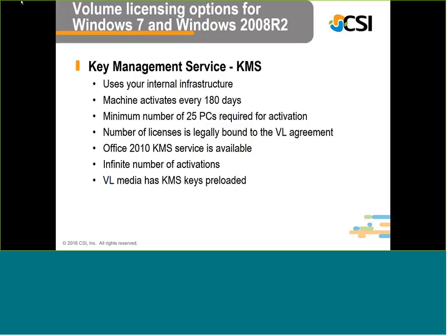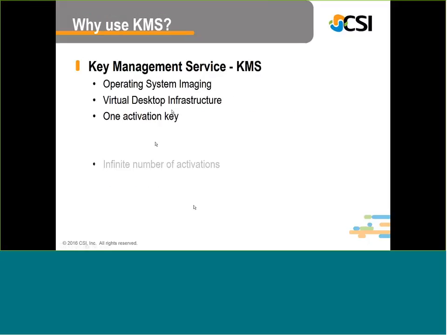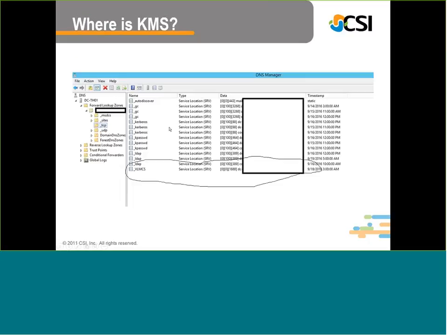So nothing should be required other than activate. If you're doing virtual desktops like VMware View, you really have to do KMS to make dynamic pools work. Operating system imaging, we just talked about. One activation key makes life nice.